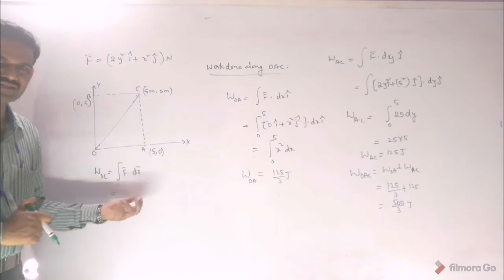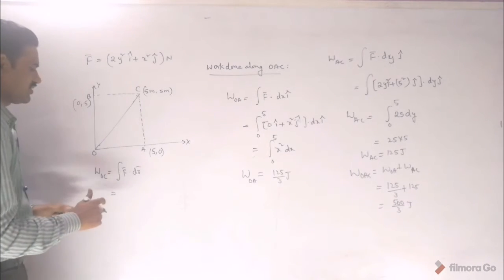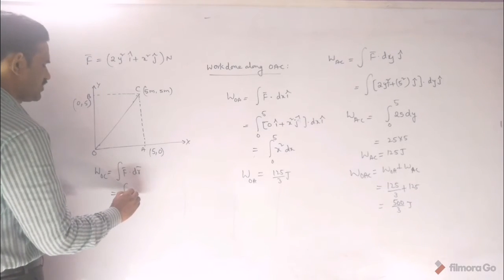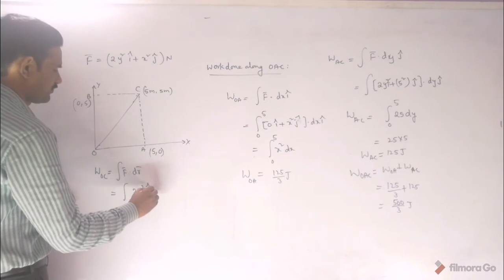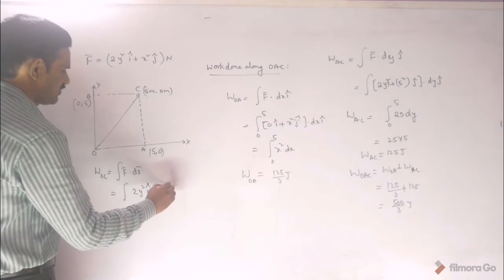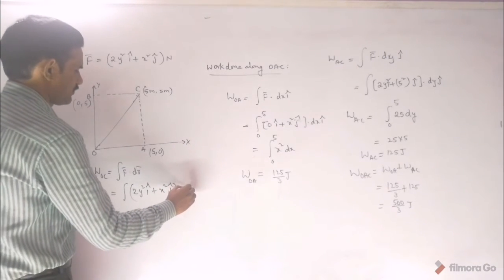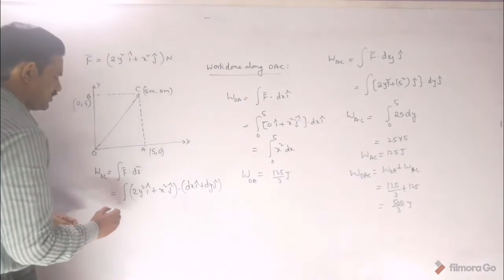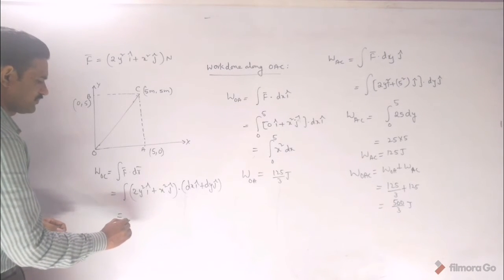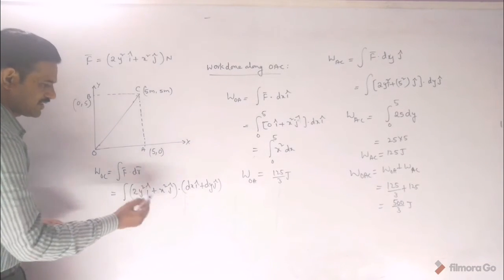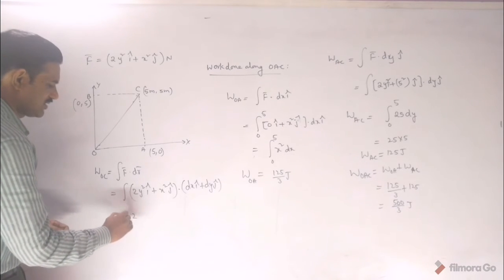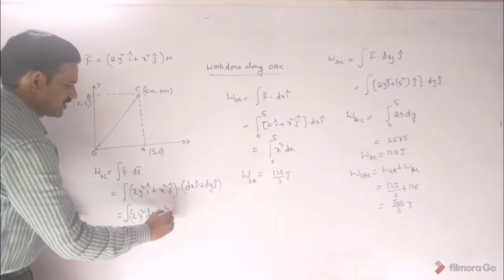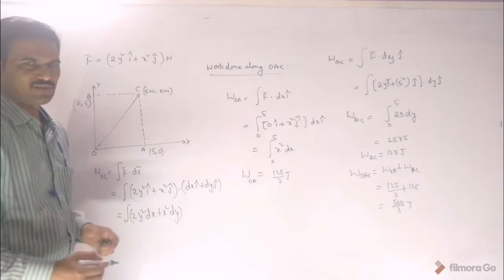But here both x and y are changing, so I am taking it as dr. Now I can write this as the integral of F bar, which is 2y square I cap plus x square j cap, dot dx I cap plus dy j cap. Doing the dot product, you can write this as the integral of y square dx plus x square dy.